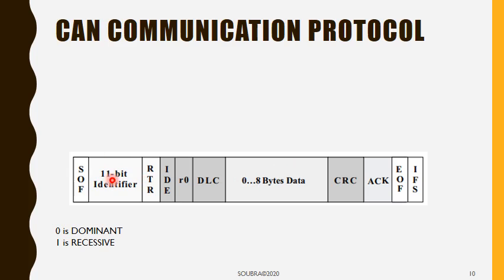The important thing is the identifier of the message, right? So maybe this is what we're gonna use in order to arbitrate between the different messages circulating on the bus. And here we can see that we can go from 0 to 8 bytes of data, so anything in between 0 and 8 bytes.